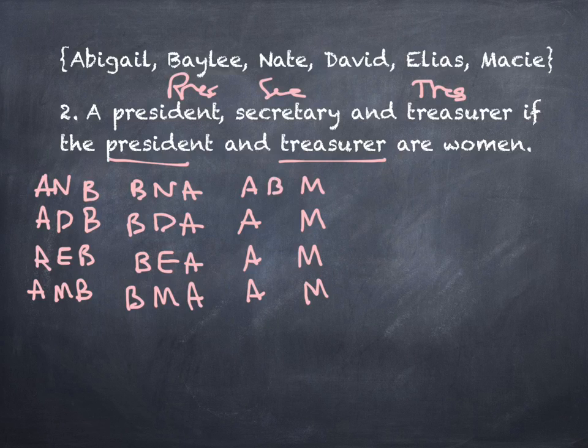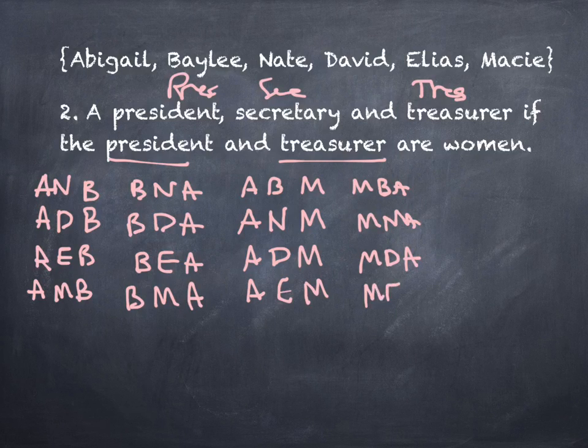We could have Bailey or Nate, David, and Elias. Now what am I going to do? Switch the A and the M, right? So MBA, MNA, MDA, and MEA.